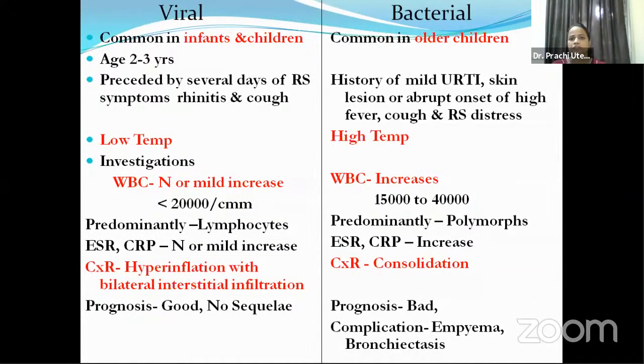But in bacterial pneumonia, there is a mild URTI with some skin lesion, and then the pneumonia sets in. So there is a sudden or abrupt onset of fever, cough, and respiratory distress in the bacterial variety. Viral pneumonias have a lower temperature compared to the bacterial one, whereas bacterial pneumonia has a high grade fever and chills.